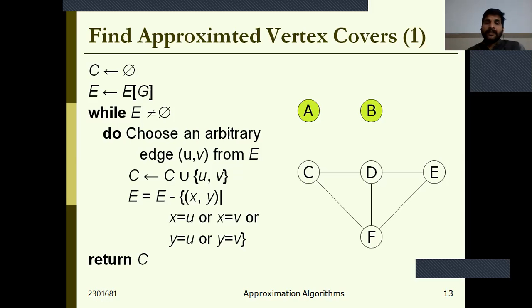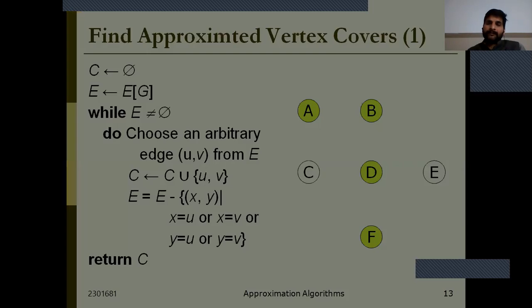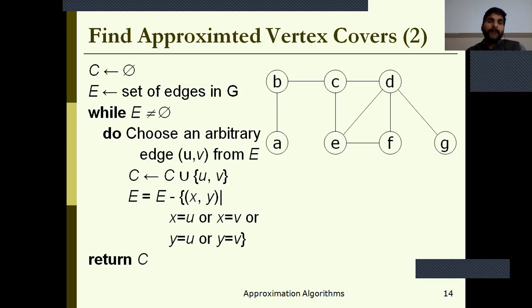Now next we choose these D and F vertices. And this continues while E is not equal to empty, until all edges are covered by D and F. So all edges are covered by choosing these vertices. This is the example. Similarly, we apply this vertex cover algorithm to the following graph.